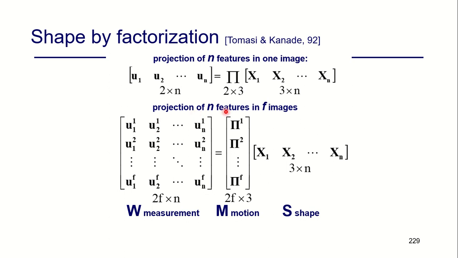For projection of n features in f images, this is for one image, that means one row, so here you will have f number of images. All these will be 2f cross n, 2f cross 3, and 3 cross n, the same S matrix. So W is your final measurement, M denotes your motion, and S denotes the shape. Generally it is mentioned in this notation.